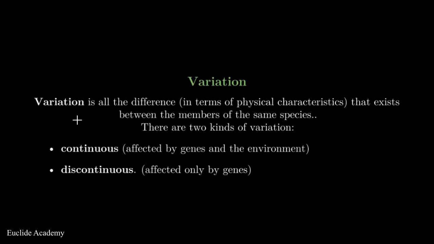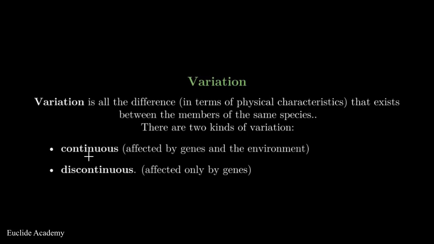Oh, their skin is a little bit different from yours. These are differences, and that is what we call variation in biology. I've just mentioned a number of differences here: eye color, height, skin, and things like that.